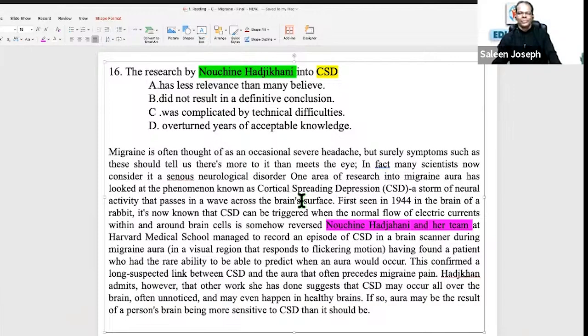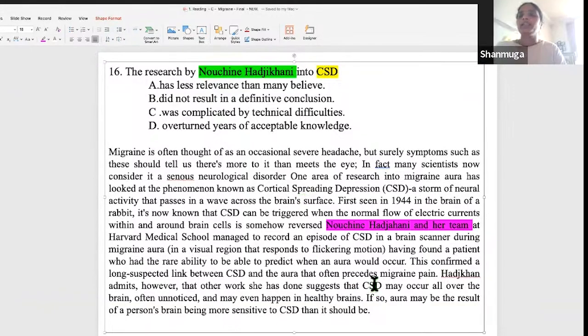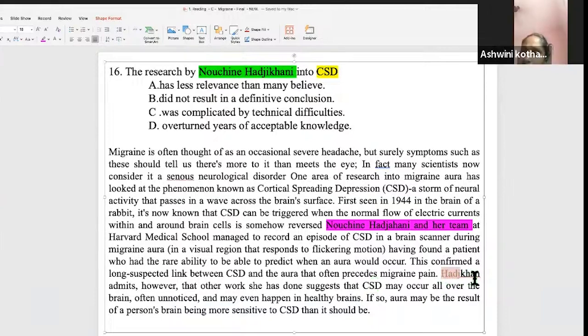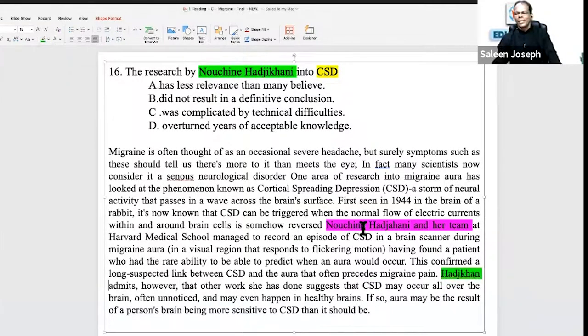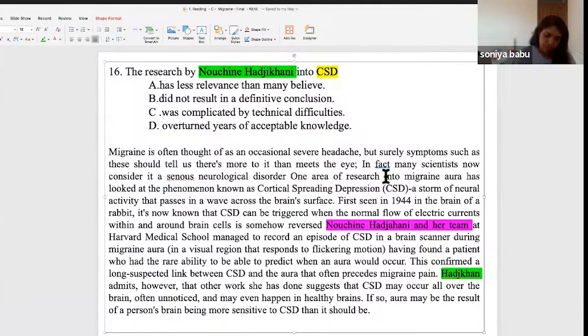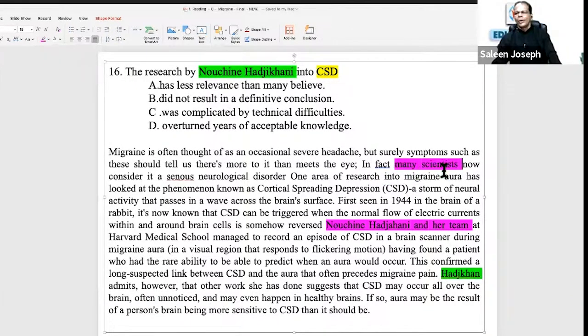Do you have any other names? There is Hajkani. This is Hajkani alone. This is Hajkani and her team. And even before, in fact, many scientists. First you have many scientists, then Hajkani and team, then Hajkani alone.